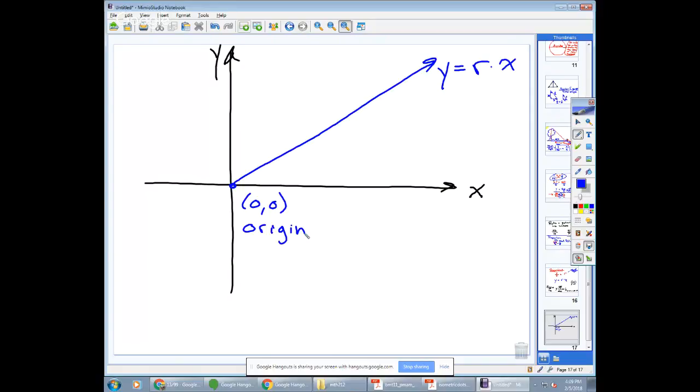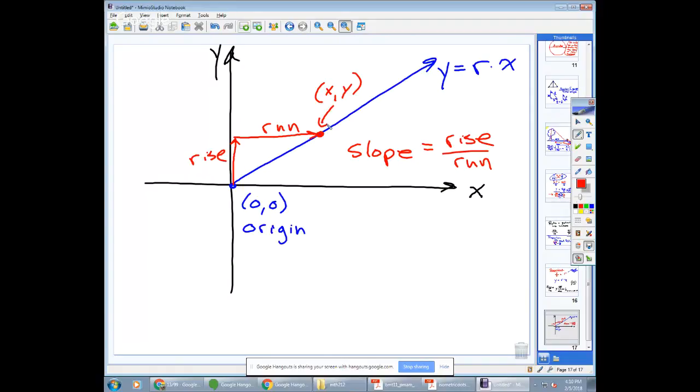And if you look at it here, Tiffany said that slope was rise over run. So if I wanted to get from the blue point to the red point there, I would have to go up a certain amount, that was called my rise, and I have to go right a certain amount, that would be called my run. And the slope is our rise over our run. And that's just some point. That point has an x value and it has a y value, right?